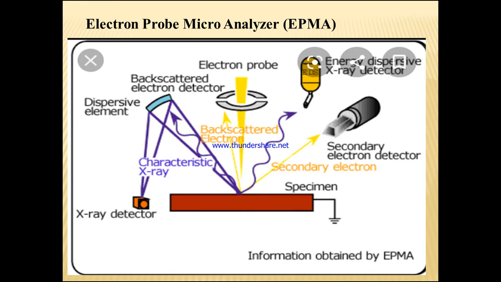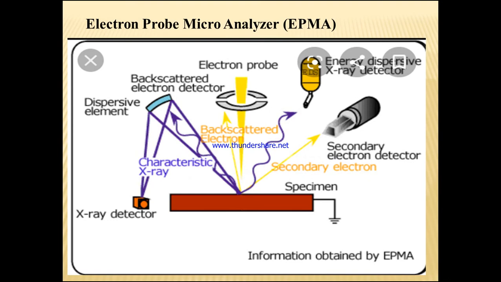So a high energy electron from the outer shell will take over this empty space, and at that time we are going to see the emission of the characteristic X-rays. As well, due to the high energy of the electron when it hits the sample, some of the electrons will be emitted from the specimen.